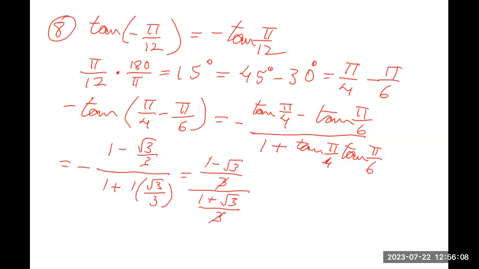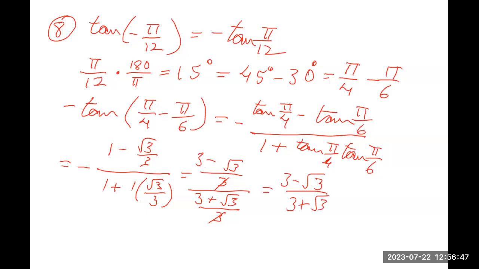So when you combine them using a common denominator of 3, the first numerator would become 3 minus √3. Same thing in the denominator, 3 plus √3 over 3. So you cancel the 3's, and this becomes 3 minus √3 over 3 plus √3.